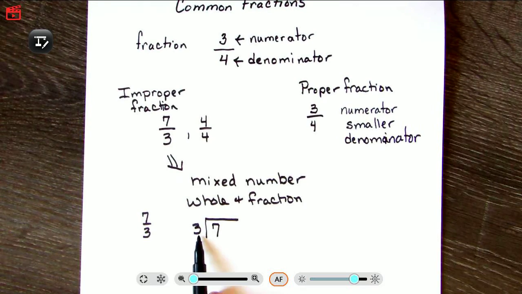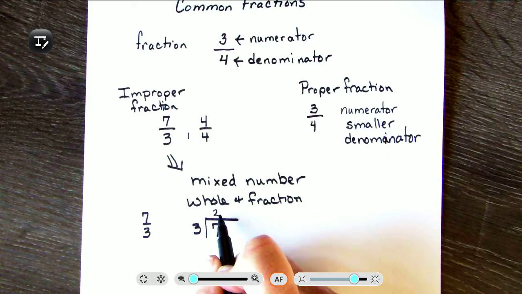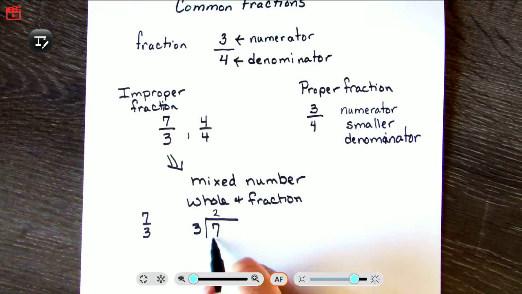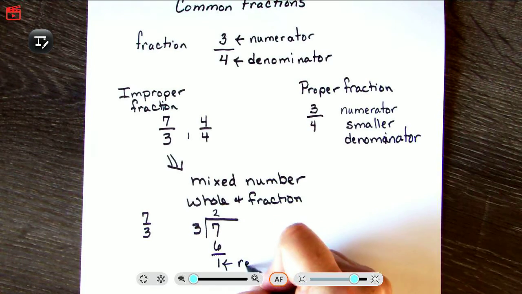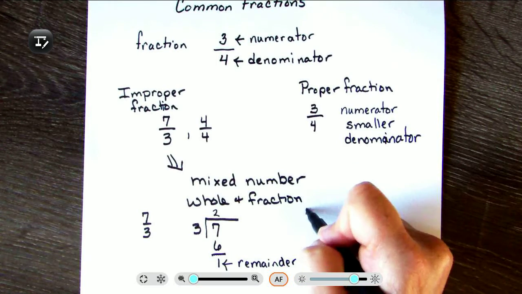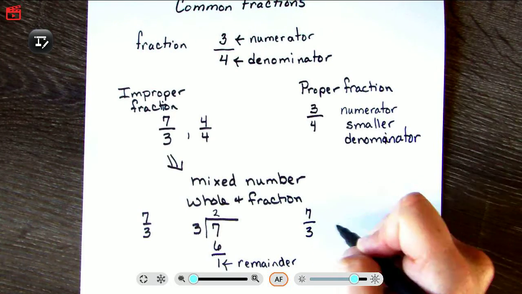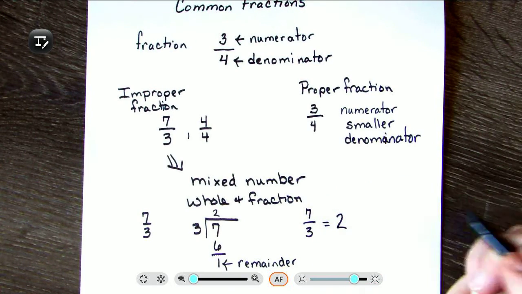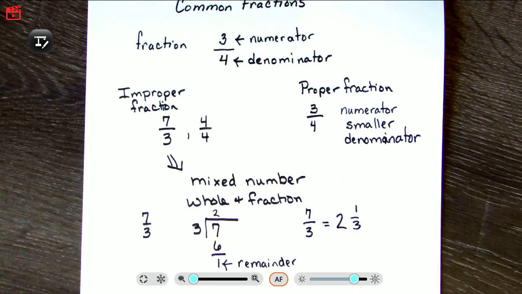So I'm going to take 3 into 7, which does go 2 times. So it goes in there 2 whole times. And 2 times 3 is 6, and we subtract, and we get our remainder. So this tells me that 7/3, 7 divided by 3, is actually 2 whole pieces and 1/3 left over.